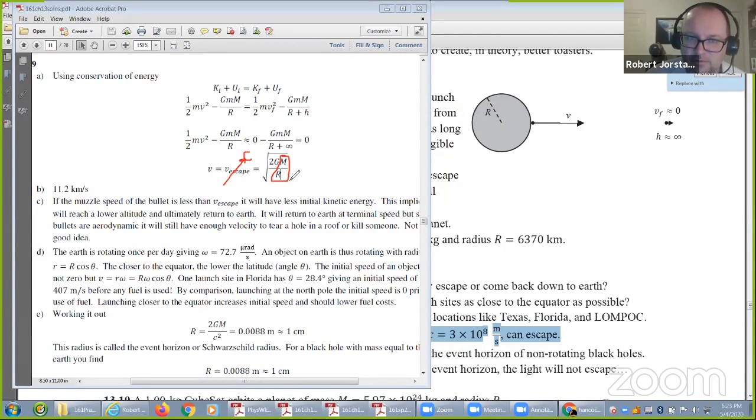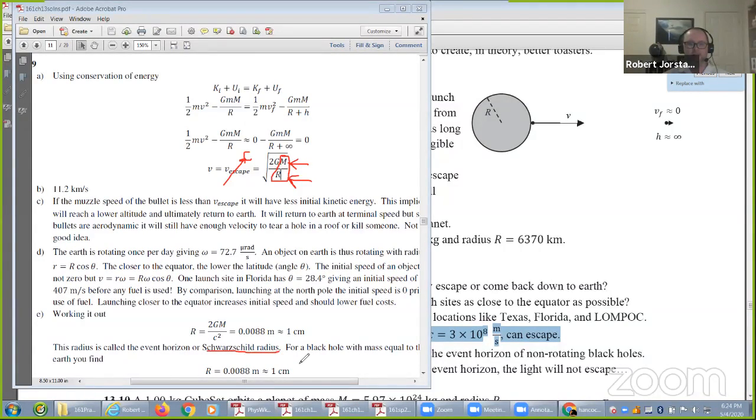Mass per unit radius, that's density. So if you have enough mass in a small radius, you could get a black hole where light cannot escape. And you might be saying, does this math even work for that? It turns out this math is valid as long as your black hole is not rotating. So this is called an irrotational black hole. Sometimes that's called a Schwarzschild black hole.